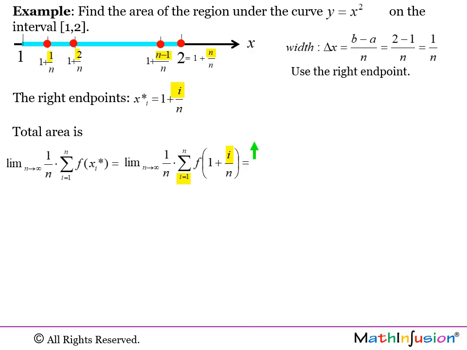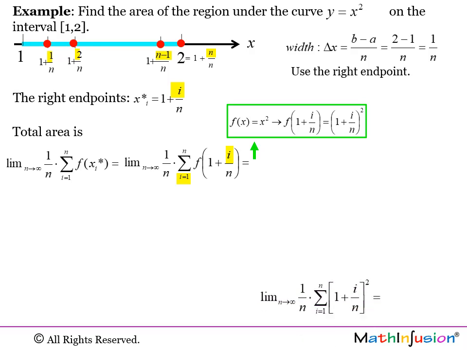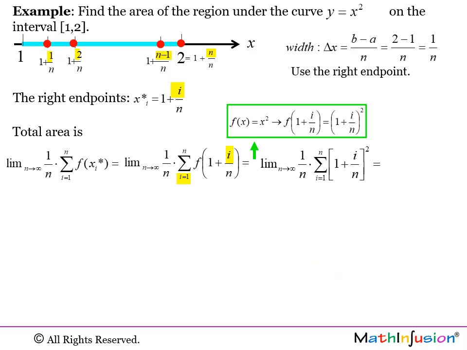We also know the function: the function is x to the power of 2. It means that f of 1 plus i over n is (1 plus i over n) to the power of 2. And I get now this one. In order to evaluate the sigma, first of all I will need to expand (1 plus i over n) to the power of 2.